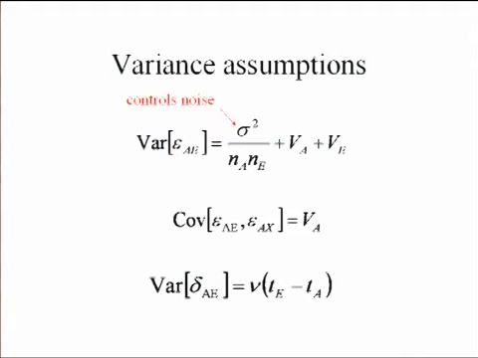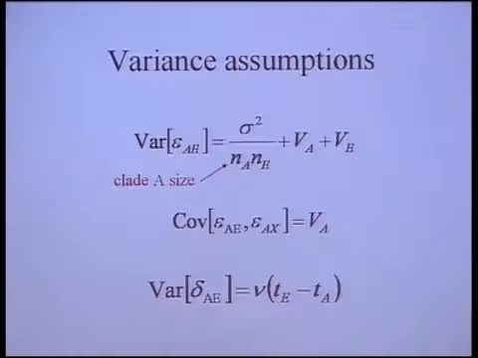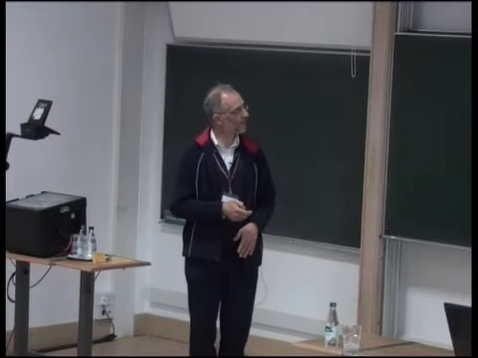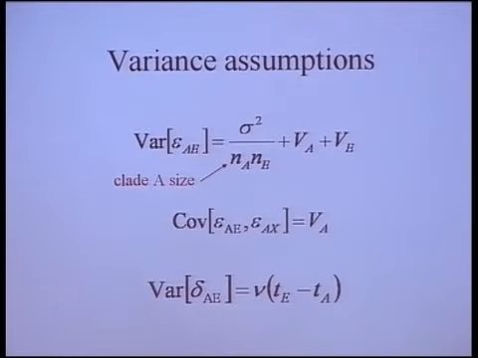We've got a parameter which controls the amount of noise. We've got a thing there which is the size of the clade that A sits upon. So if A is a tip of the tree, then N is just 1. If this was some other thing like an interior node, then it would be more than 1.